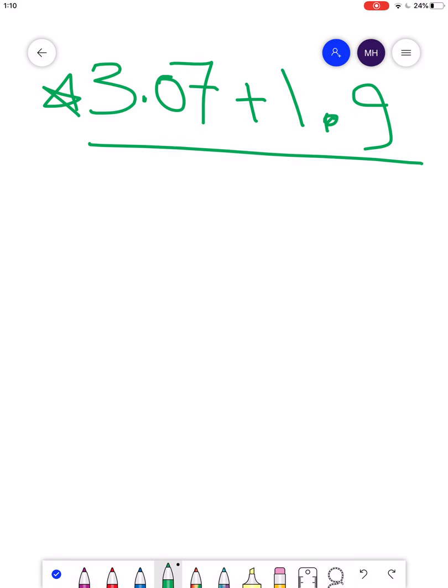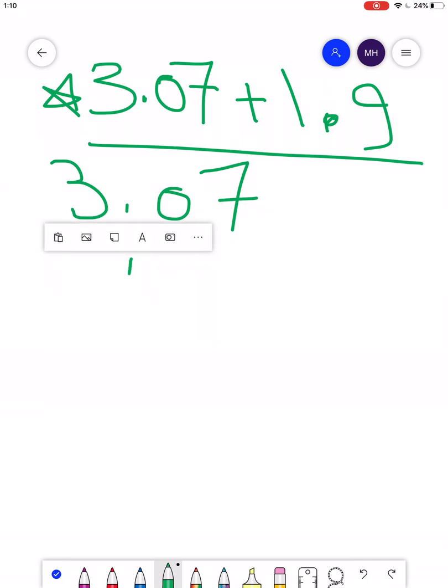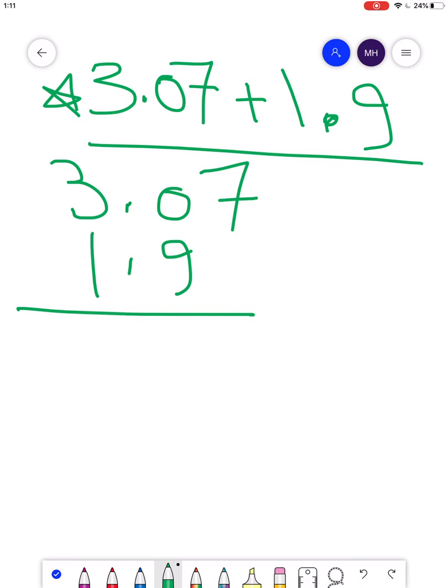Line up the decimal points, I mean you have to write the decimal points below each other. This means I put the decimal point exactly down to the other decimal point. Here 1.9. Look, the decimal points, I align them here. They are down to each other.